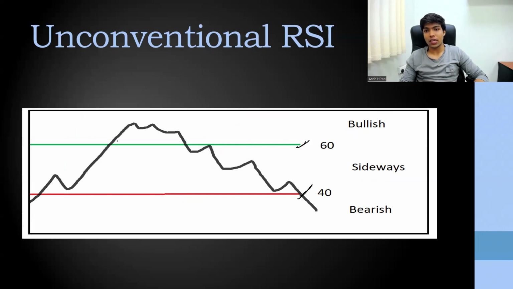If the RSI is above 60, the stock or the index is in bullish momentum. Bullish momentum means it is going up and going up with good speed. If the RSI is below 40, that means it has bearish momentum. That means the market is going down and going down with good speed. And if the RSI is between 60/40, that means the market is not going anywhere. It is just sideways.